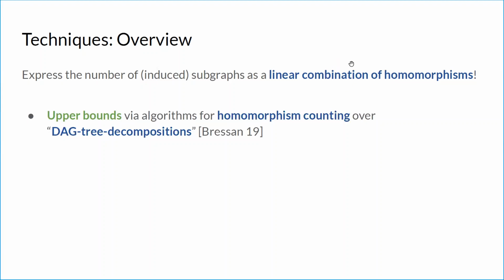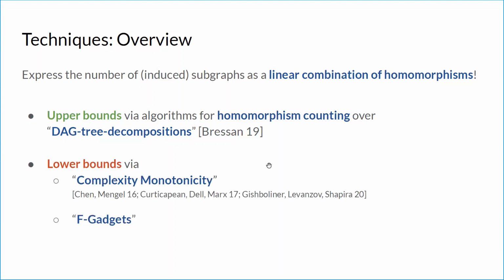Having done that, we were able to get our upper bounds by using the algorithm for homomorphism counting over those tree decompositions due to Bressan. And we were able to get our lower bounds by applying the so-called complexity monotonicity principle and by a new construction, which we call F-gadgets, that allowed us to understand homomorphism counting into degenerate graphs a bit better.